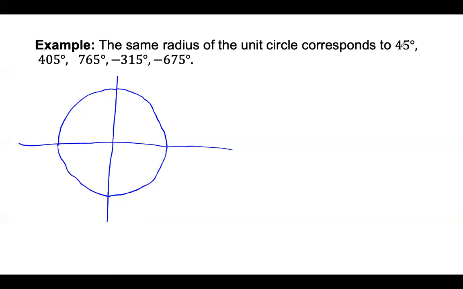Okay. So 45 degrees, as we noticed, is about here, because this quadrant is 90 degrees, so it's halfway between, like that. So this is 45 degrees. What about 405 degrees? What is this equal to?